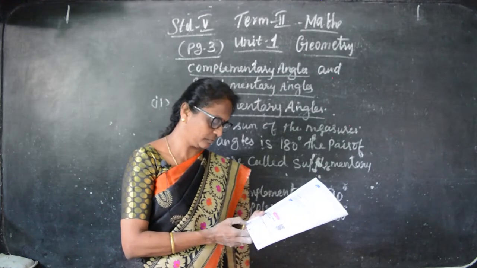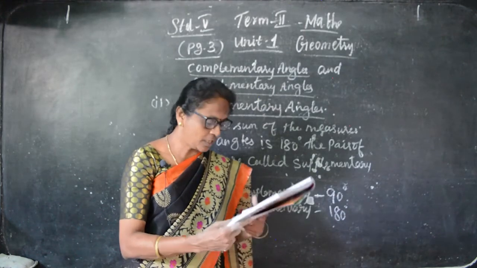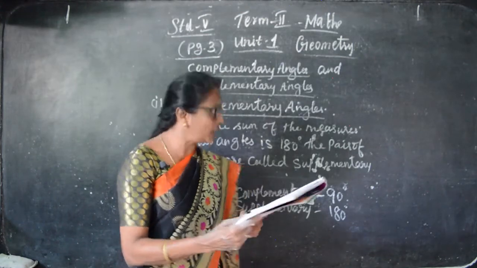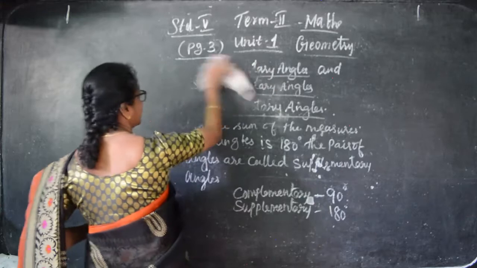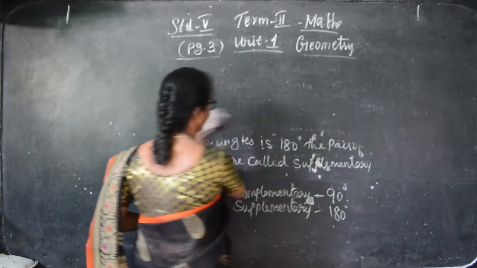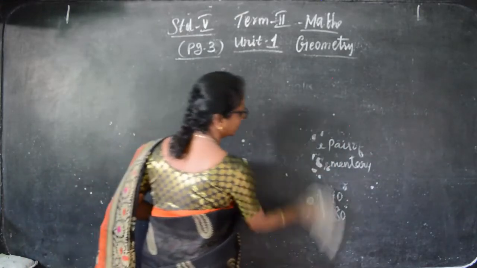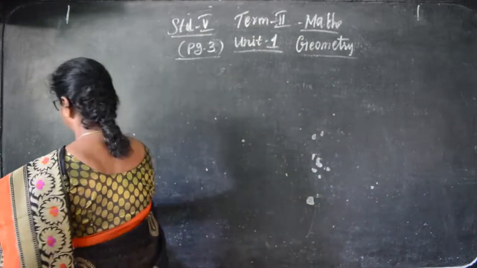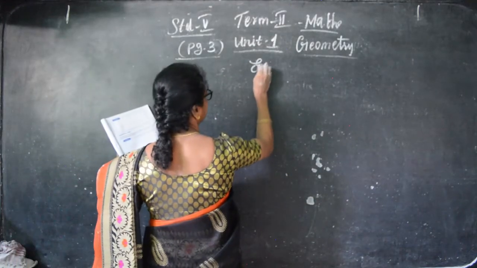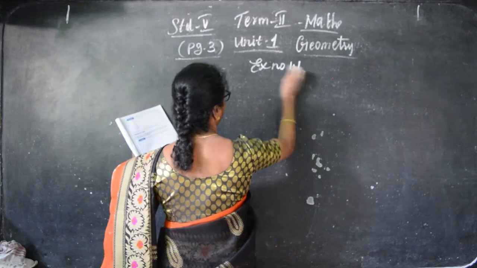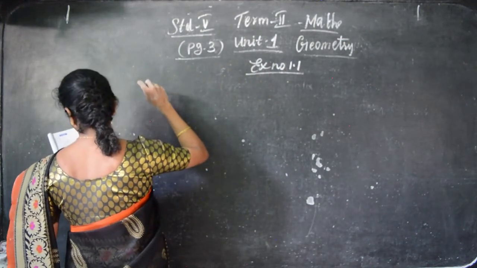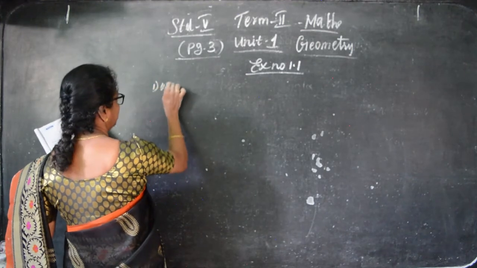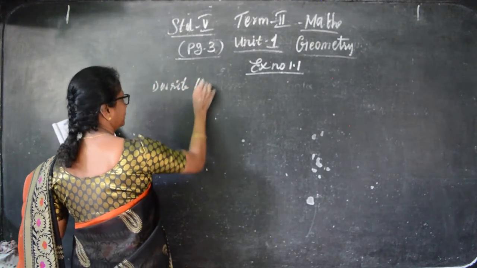Okay, now exercise number 1.1, page number 3. You will see the exercises now. Exercise number 1.1. Write the measures of the complementary angles.